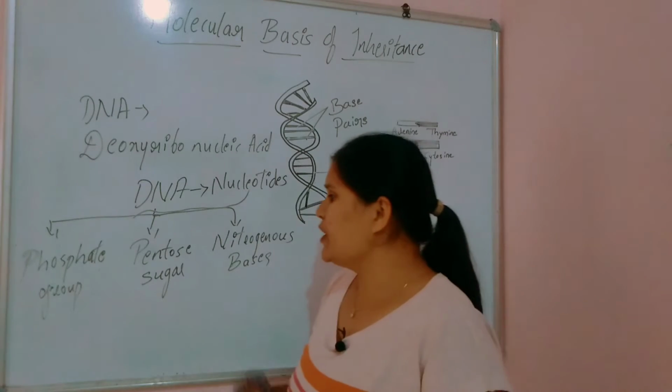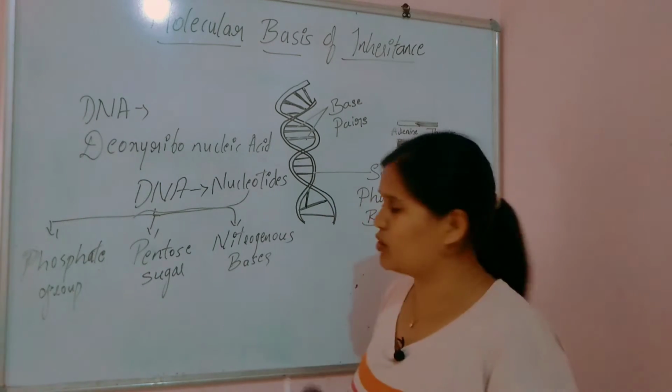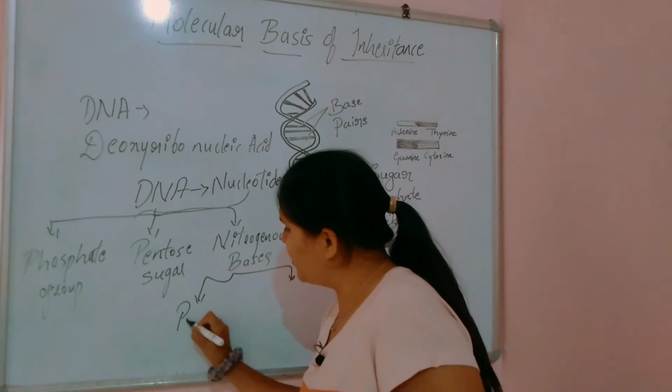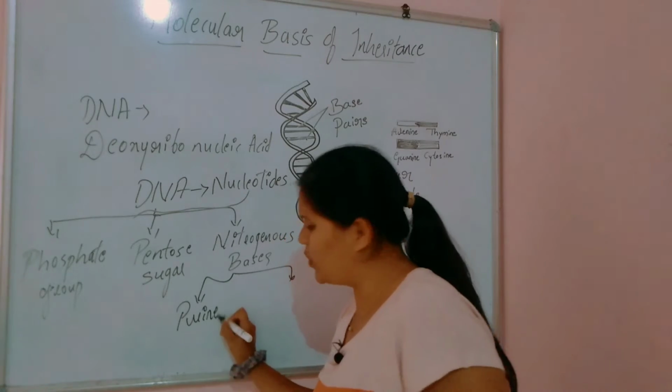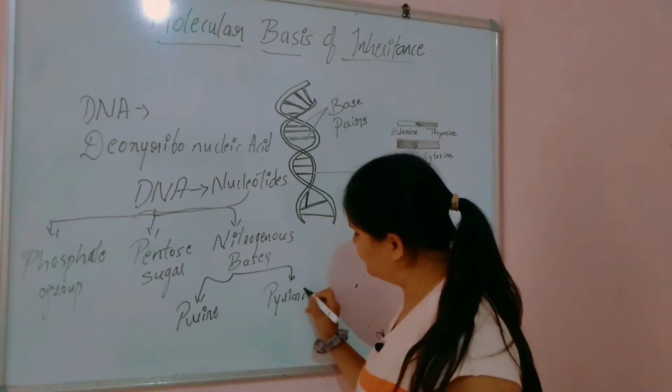Coming to the nitrogen bases, there are two types: the first is purines, or purine, and the second is pyrimidine. The purines include adenine and guanine, and the pyrimidines include cytosine and thymine.